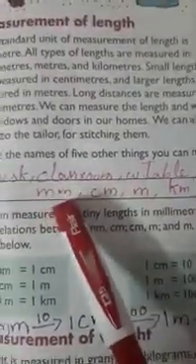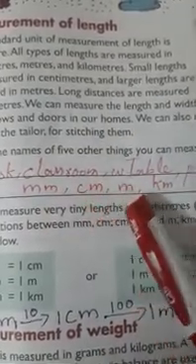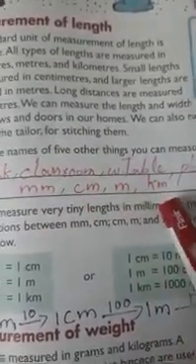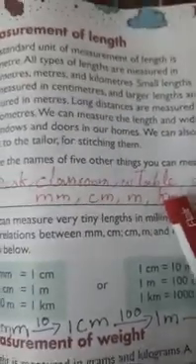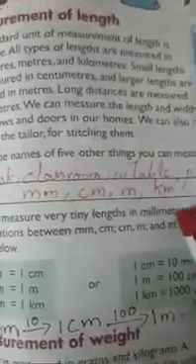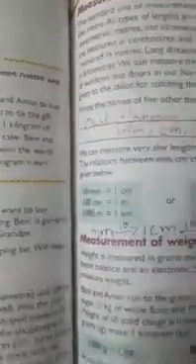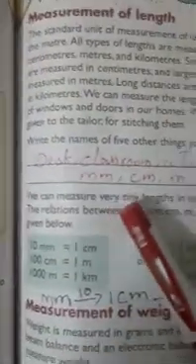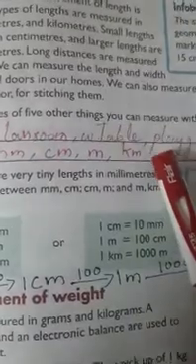The smallest unit is millimeter, then centimeter, after centimeter meter, and the unit which is used for long distances, that is kilometer. We can measure very tiny lengths in millimeter. So these millimeter, centimeter, meter and kilometer are in increasing order, smallest to the biggest.